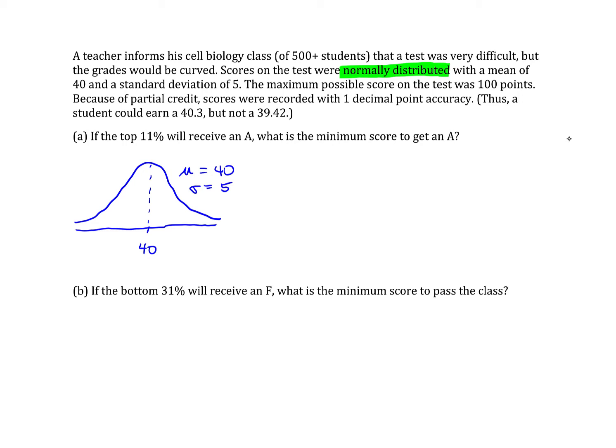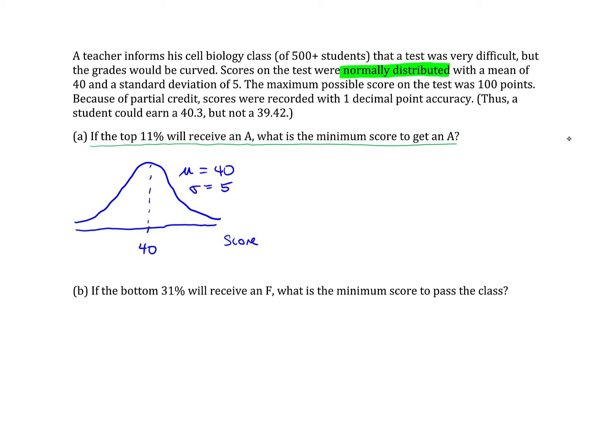And in this question, I am looking for, if the top 11% will receive an A, what is the minimum score to get an A? So this axis, this 40, for instance, is a score with relation to the test. So this axis is the score on the test, and I'm trying to find the score on the test.